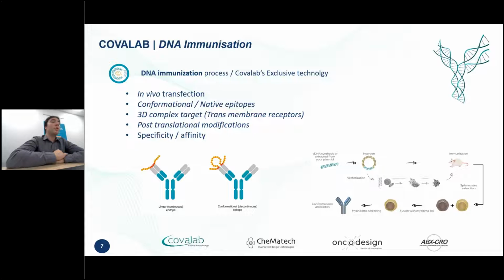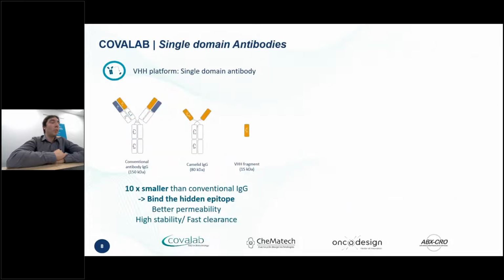This could be very interesting too for 3D complex targets, such as transmembrane proteins, for cancer receptors for example, or for some post-translational modifications. That leads to very good antibodies with very high specificity and high affinity that could be required for MRT development antibodies.